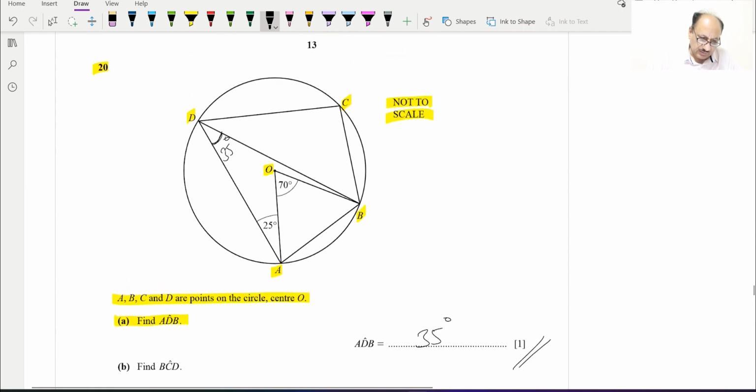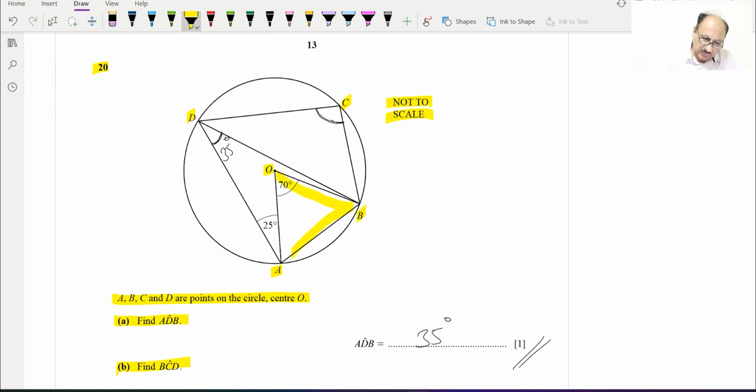Then angle BCD. Which angle will BCD be? BCD will be this angle which we need to find, and we can find this basically in this triangle.